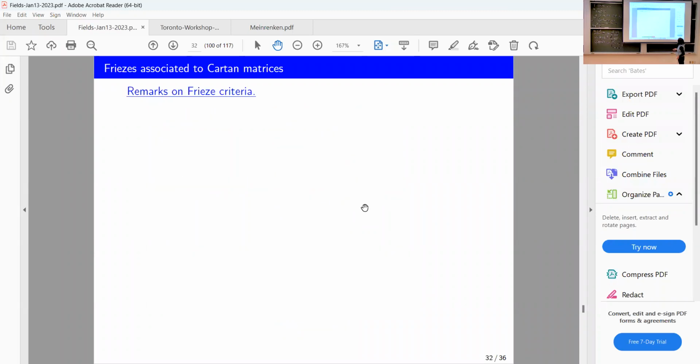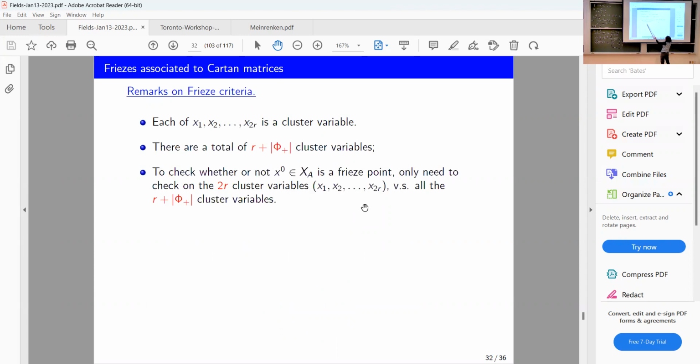Now I just need to make a few remarks. First of all, by that previous theorem, we know that these are cluster variables, but the total number of cluster variables is way bigger than that. To check whether a point is a Frieze point, in principle you should check on all the cluster variables, but our theorem says it's enough to check 2R of them, then everything else will be okay.